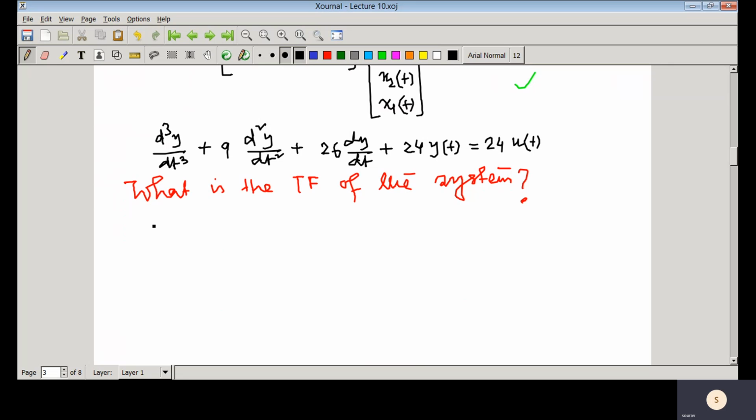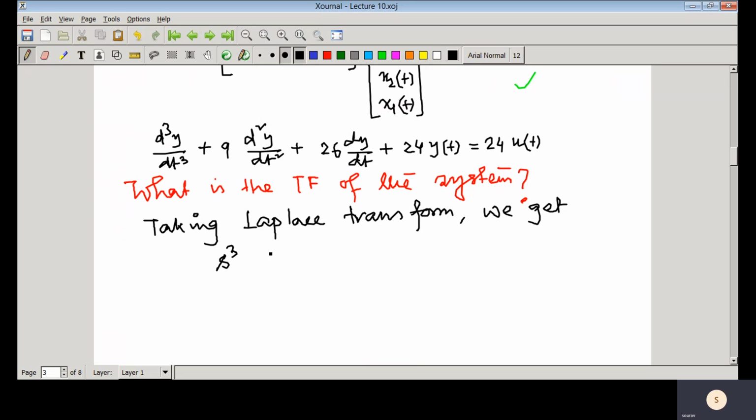So if we take the Laplace transform, here we can write s cube Y(s), then 9 s square Y(s), 26 s Y(s) plus 24 Y(s), and then 24 U(s).